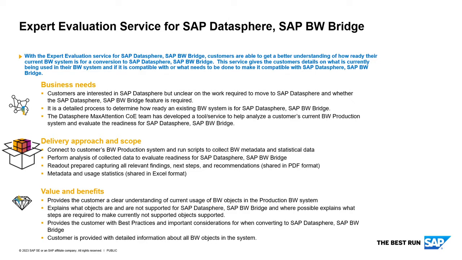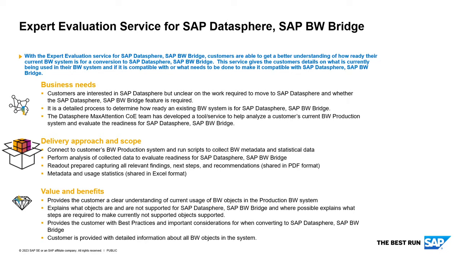So what we do is get a connection to our customer's production BW system. Again, like with the readiness check, production gives us the best viewpoint for evaluating the readiness. We run some scripts to collect BW metadata and statistical data from the system.